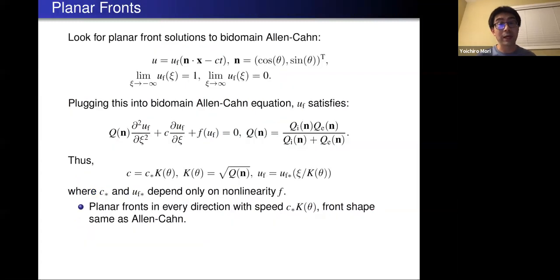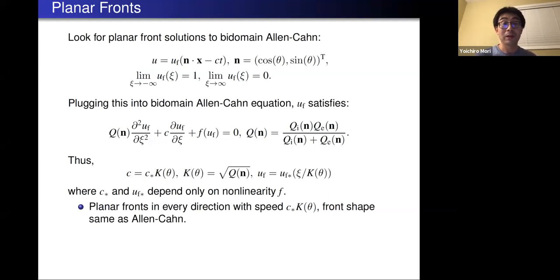Because of the maximum principle, Allen-Cahn fronts are stable. Now the question we want to ask is, what can we say about the bidomain Allen-Cahn equation? First of all, we ask whether there are planar front solutions to the bidomain equation, and the answer is yes. It's actually very simple. If you substitute the planar front ansatz into the bidomain Allen-Cahn equation, you immediately see that it reduces to a one-dimensional equation, which is just a rescaled version of the one-dimensional Allen-Cahn equation.